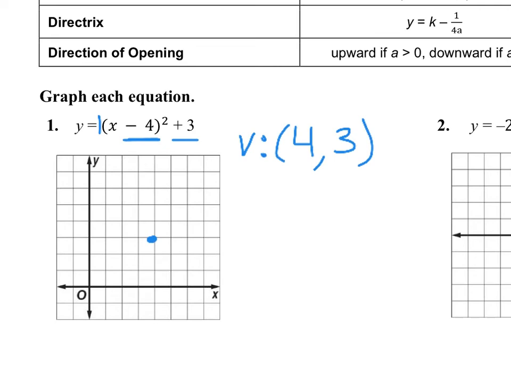So because a is 1, it goes up 1, right 1, and up 1, left 1 from the vertex. After it goes up 1, from those two spots it goes up 3 on both sides, and out 1 again.